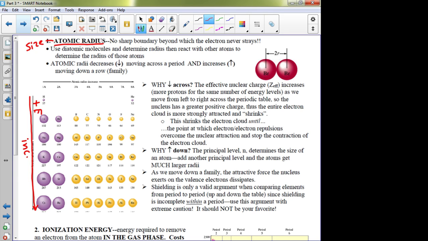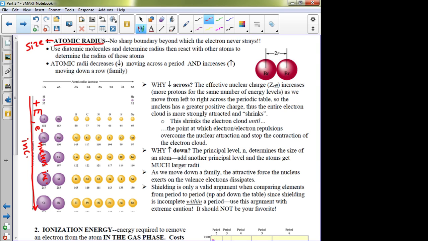More energy shells. So as I add more energy shells, the distance between my electrons and the nucleus increases. So therefore, what happens to the size of my radius? It gets larger. And you need to add in here that the attractive force between the nucleus and the electrons gets weaker.